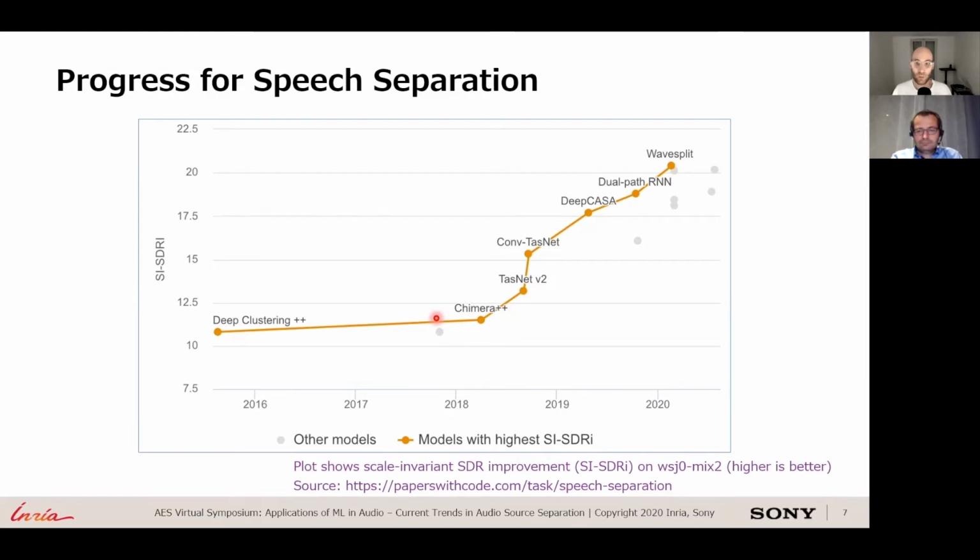Deep clustering was the first that actually works. And we see another milestone, which is the Conv-TasNet here, which is a performance improvement of almost 5 dB SDR in 2018. We see here that this is a big improvement, and we will later show what the different achievements in this work are.